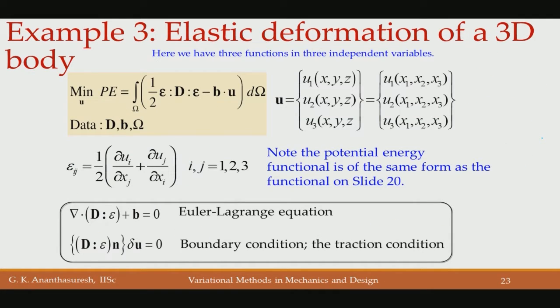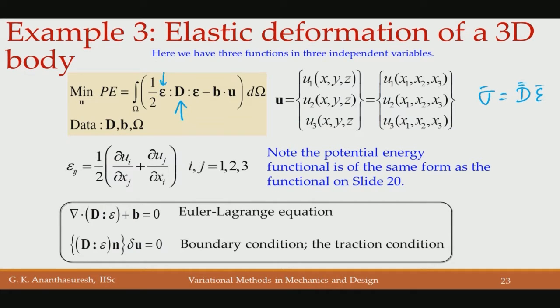So, we can write down potential energy, because that is what will be minimized, and that is written in terms of the stress strain relationship. Basically, stress is equal to d times epsilon. All of these are in matrix form, or vector form, or all can be in tensor form, and you have that. Okay.